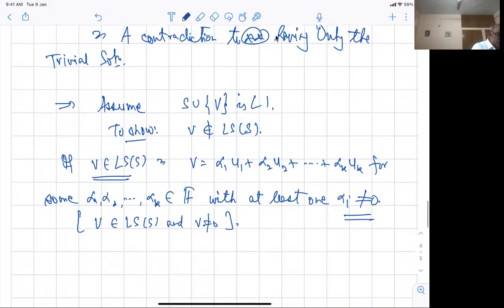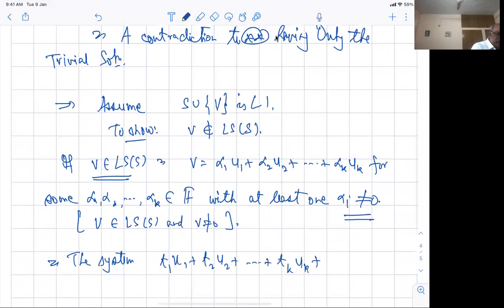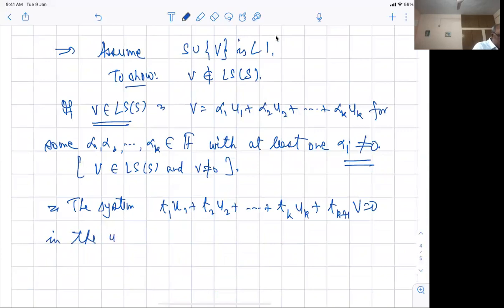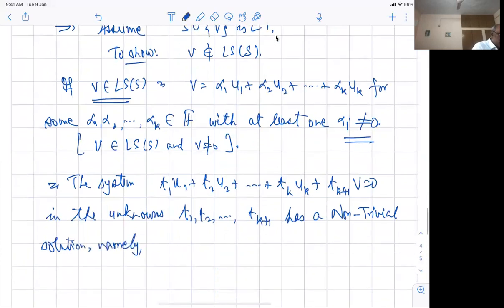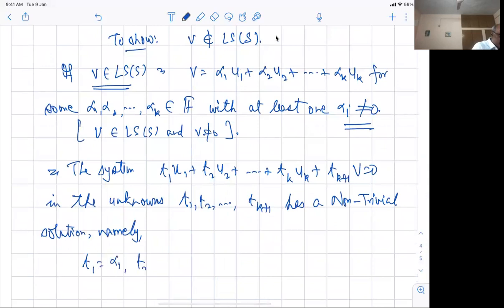So this implies that the system t1 u1 plus t2 u2 plus ... plus tk uk plus t(k+1) v is equal to 0, in the unknowns t1, t2, ..., t(k+1), has a non-trivial solution: t1 equals alpha 1, t2 equals alpha 2, tk equals alpha k, and t(k+1) equals minus 1.